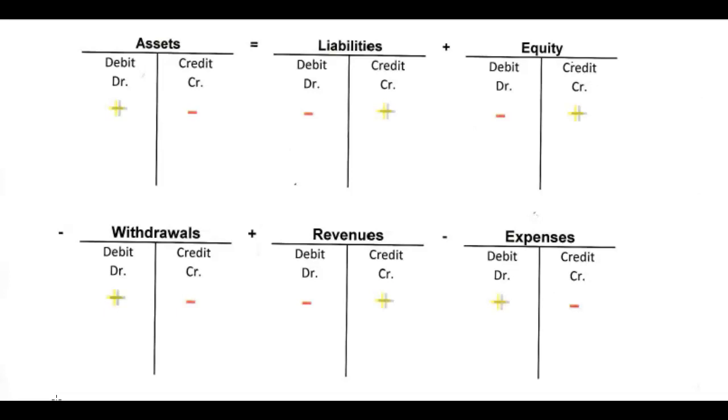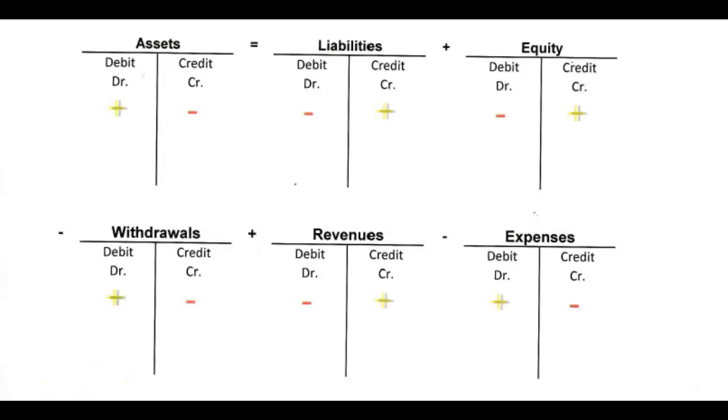All right. Quickly, let's look at what increases or decreases an account. I've had people tell me, well, a credit's an automatic decrease and a debit's an automatic increase. No, it depends on the kind of account that it is, whether a debit or credit is a plus or a minus, an increase or a decrease.